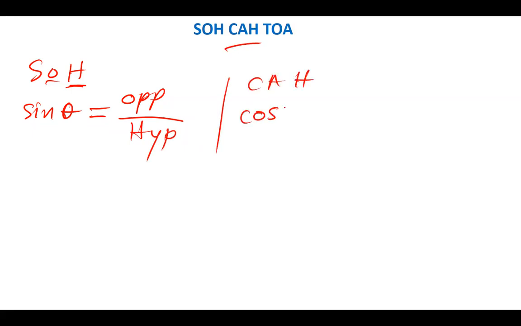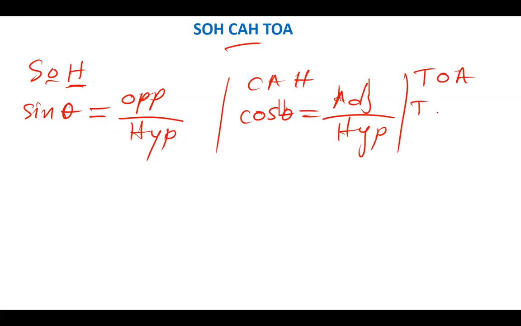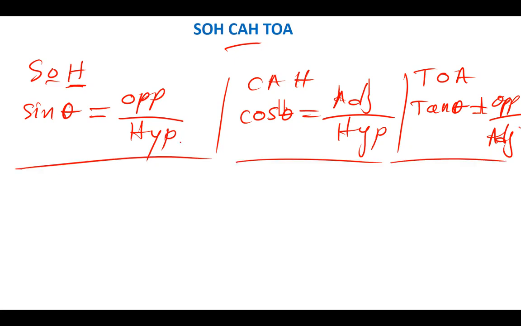So here we have C for cos theta, then A for the adjacent, divided by the hypotenuse. We also have TOA, the T for tan theta, then the O for the opposite, over the A for the adjacent. So this is what SOHCAHTOA stands for. It's not something that you need to even master. This is a straightforward mnemonic word. Okay.